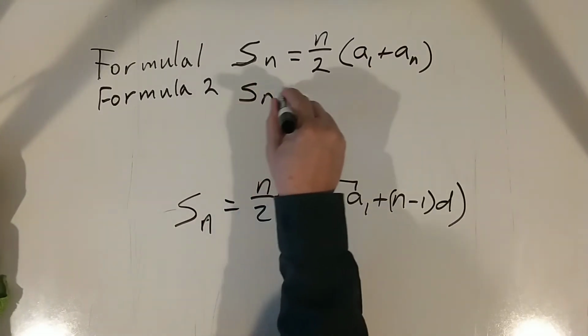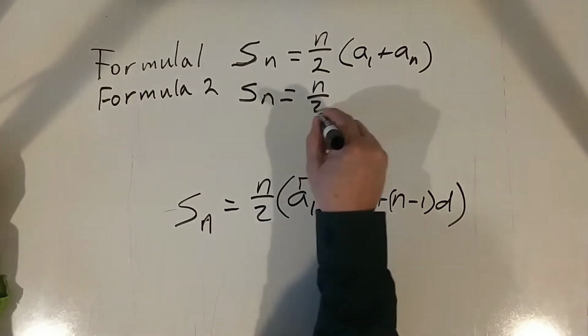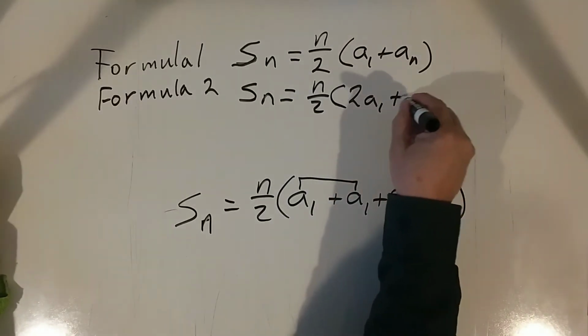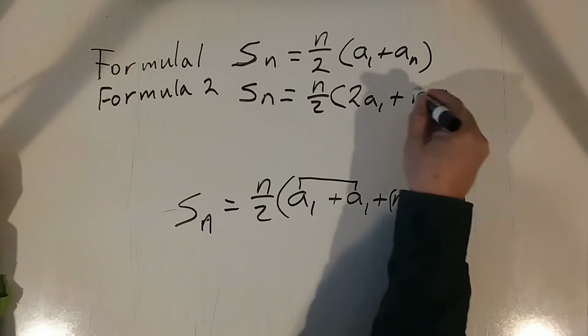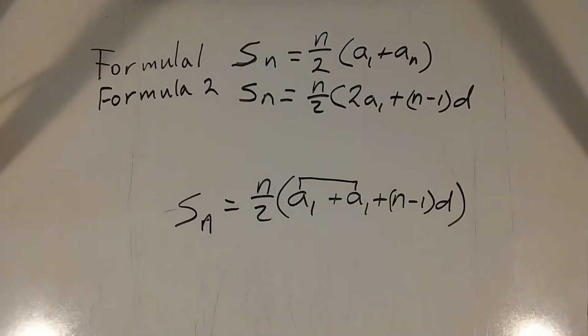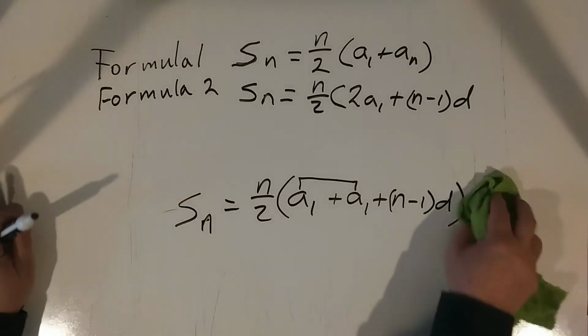The partial sum is equal to n over 2 times 2 times the first term plus n minus 1 times the common difference. And we can use these two formulas to help us find partial sums of various types of arithmetic sequences.